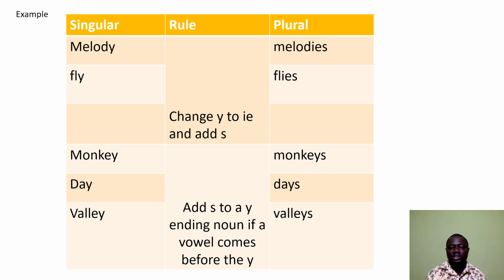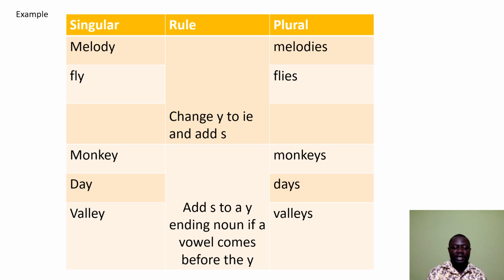Melody changes to melodies. Fly also becomes flies. You change the y to i and then you add es.